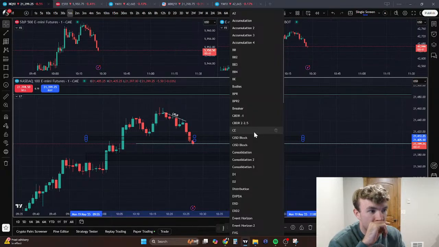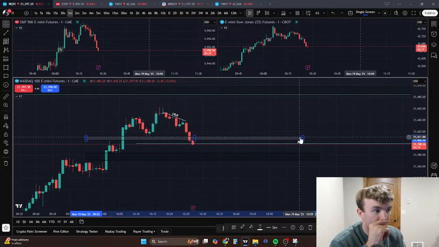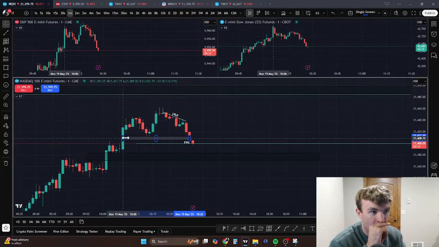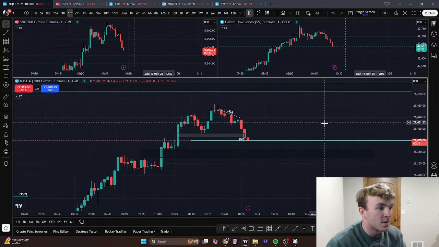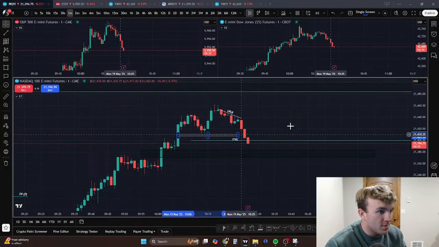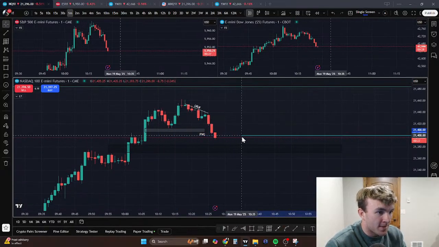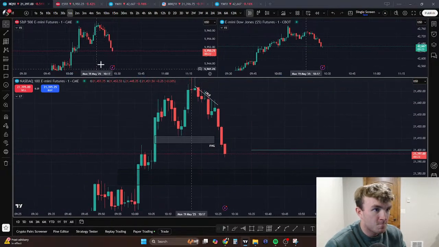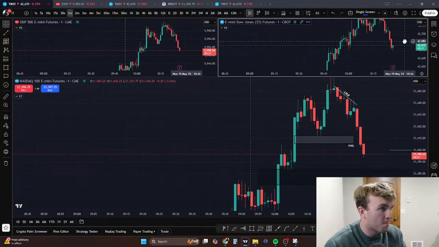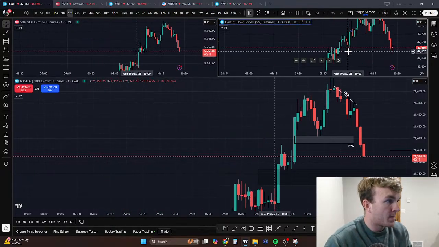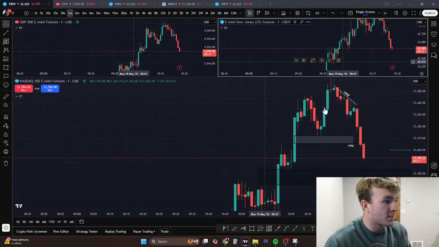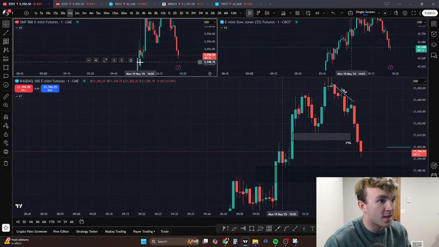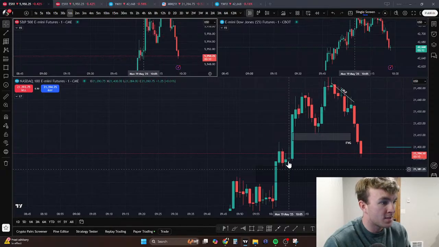Honestly, once we form an SMT, I think that would be the sweet spot. So we are tapping into this new day opening gap. So we have SMT with YM with this low. I want to see S&P with this low right here.